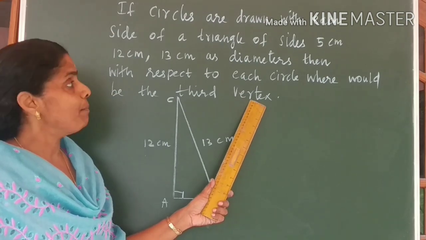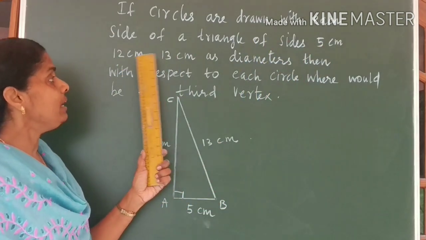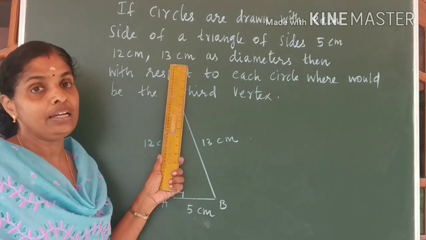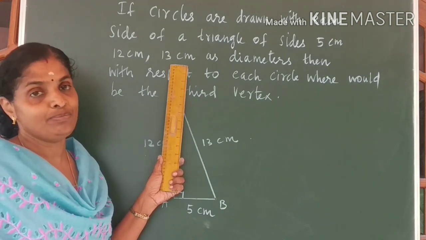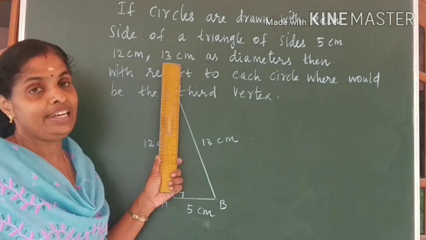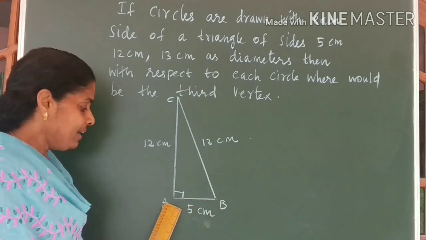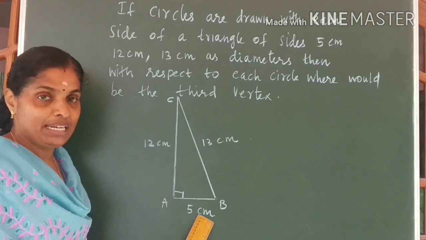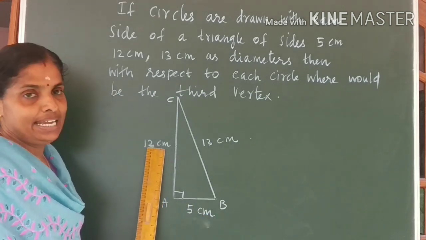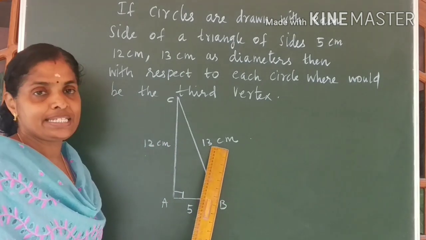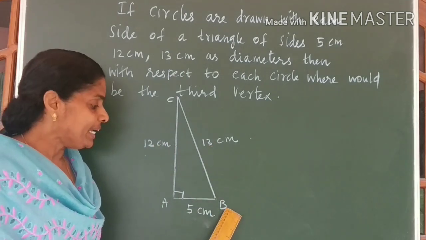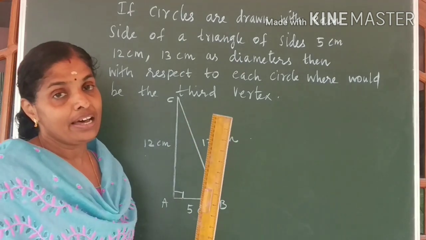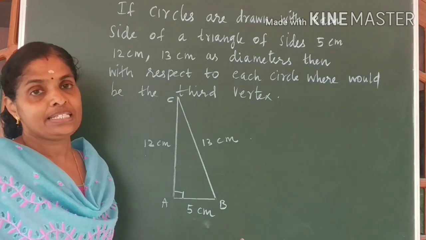By looking at the numbers 5, 12 and 13, you should be able to understand the triangle is a right angled triangle. Okay, for you to understand, I have drawn it also. I have named the triangle as ABC. I have taken 5 cm as the base, this side as 12 and the longest side as 13 cm. By looking at the figure itself, you can understand this triangle is a right angled triangle, isn't it?